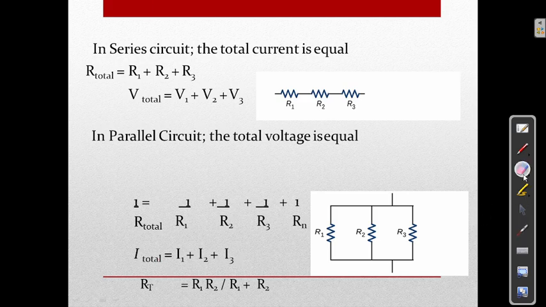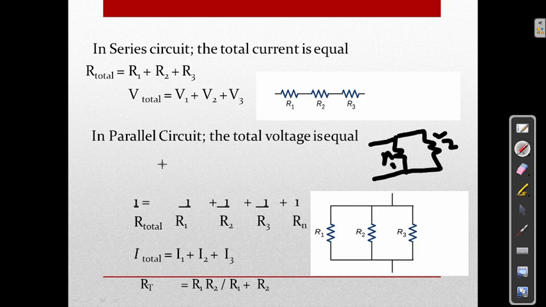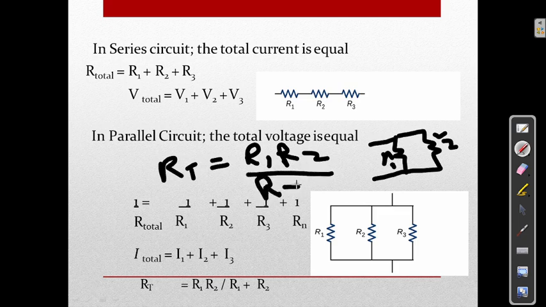If there are only two resistors in parallel, what will be the formula? See here, there are only two resistors, R1 and R2, one resistor here and one resistor here, two resistors in parallel. The formula is R total equal to R1 into R2 divided by R1 plus R2.